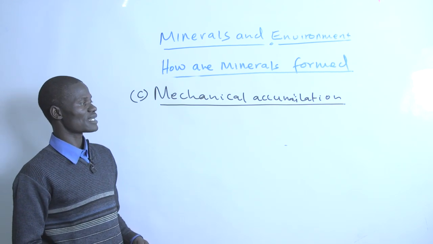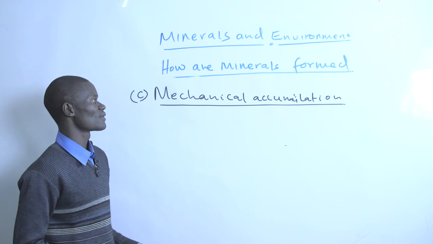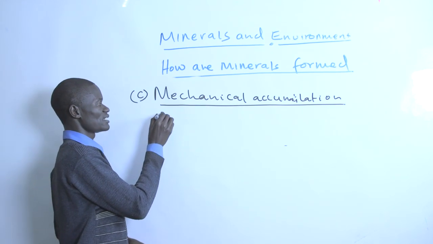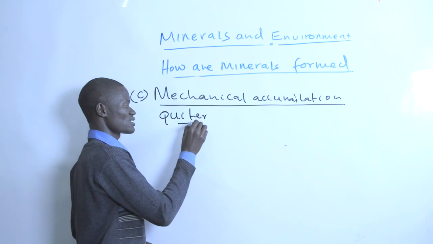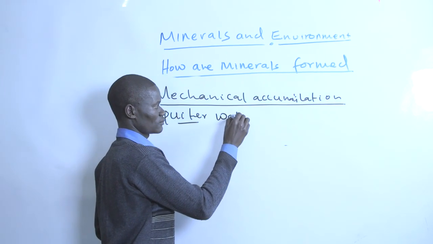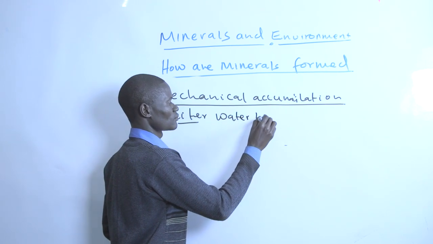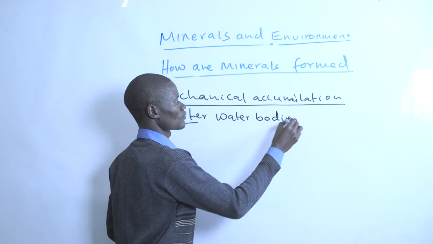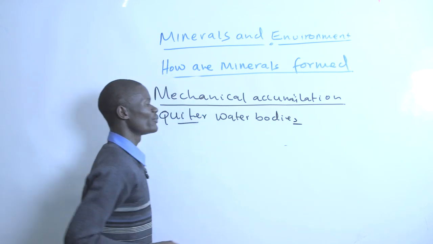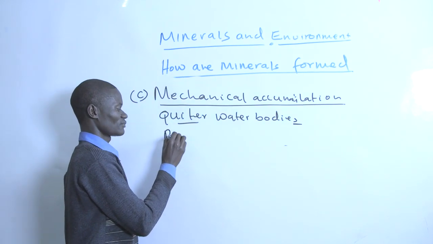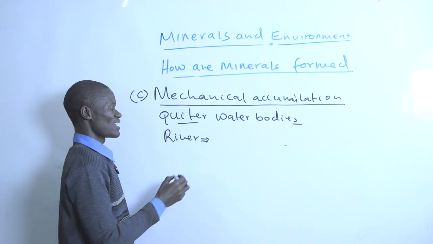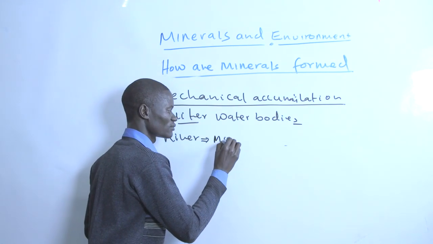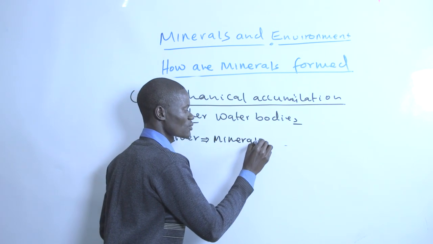where a lot of water bodies have accumulated, especially when we look at the very quiet water bodies. Or when we look at the river, it may carry some minerals as it flows.